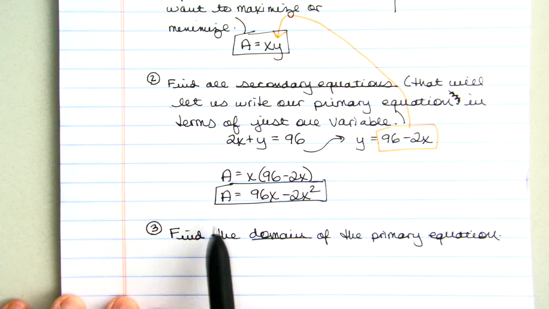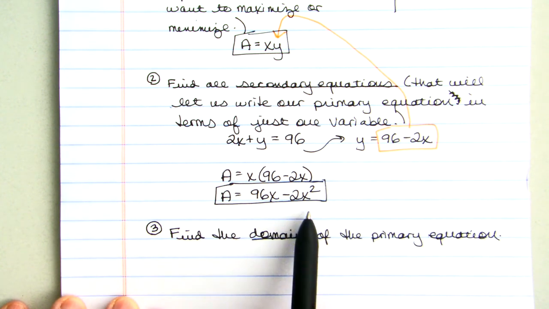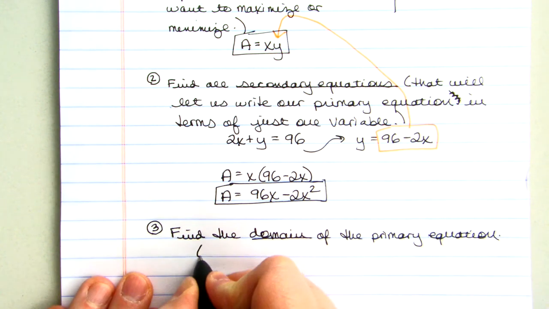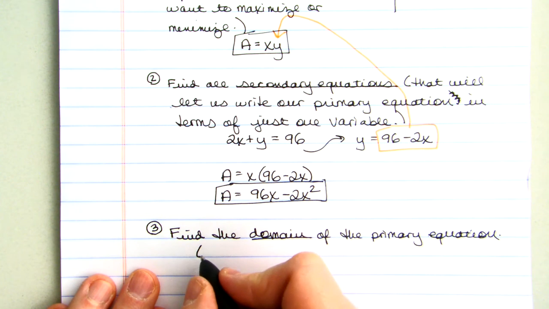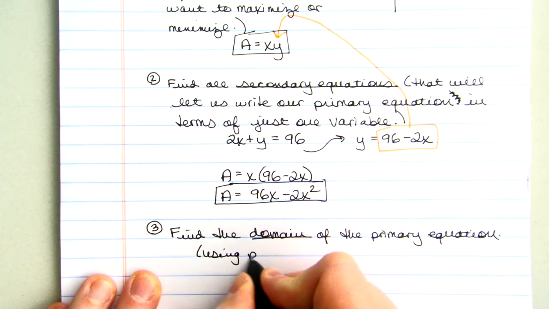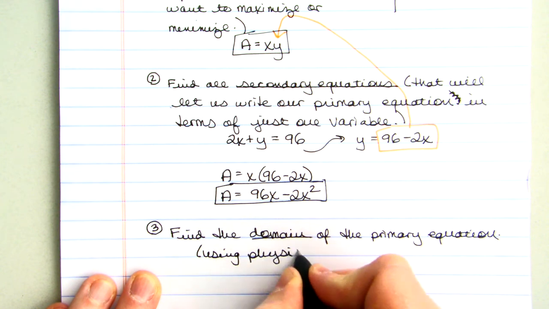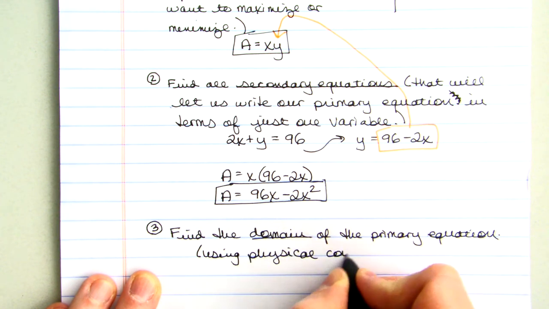Now, if you look at A equals 96x minus 2x squared, you should realize domain is all real numbers. But that's not actually what I'm talking about here. I want to find the domain of this thing using the physical constraints of like what x and y stand for.